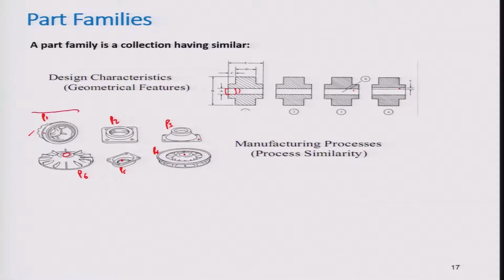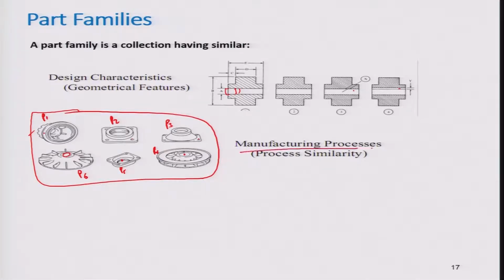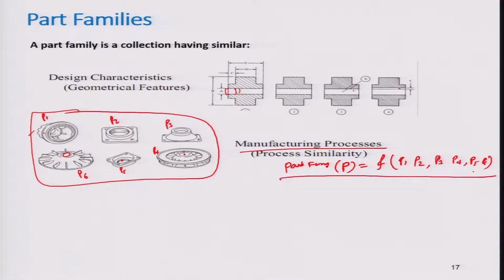So these parts are grouped together on the basis of manufacturing process. So this is the part family, equal to a function of P1, P2, P3, P4, P5, P6. On the basis of your operation, drilling is required in each part, so that's why we have clubbed them together on the basis of manufacturing process.